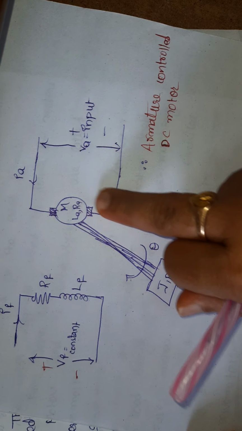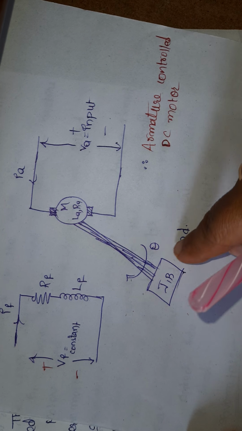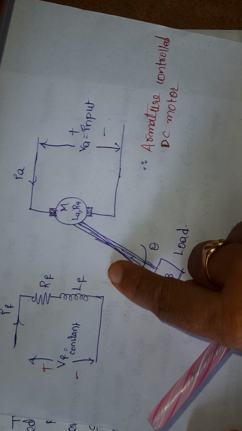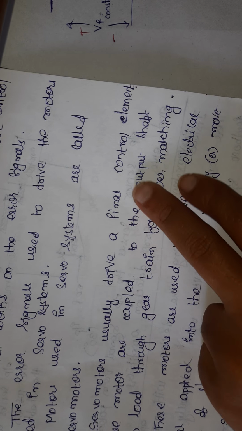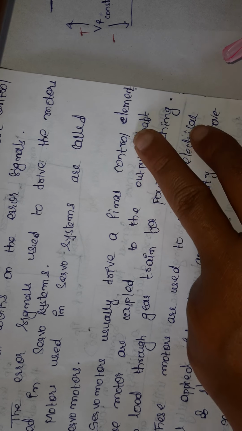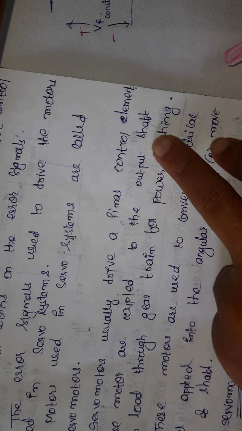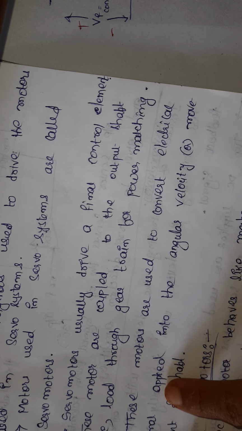If the motor is moving, it is rotating, then the shaft will rotate such that the load will rotate in this direction. That is rotational angular theta. Okay, so these motors drive the final control element, that is load, and these are coupled to an output shaft, that is load, through the gear train for power matching.